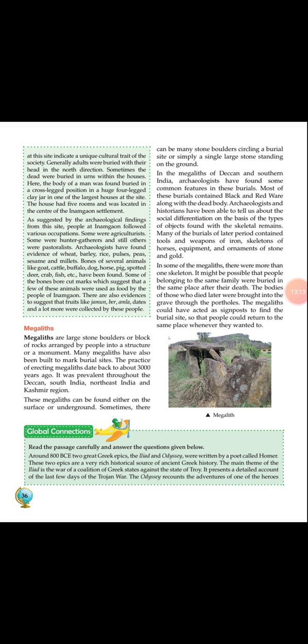Archaeologists and historians have been able to tell us about social differentiation on the basis of the type of objects found with the skeletal remains. Many burials of the later period contain tools and weapons of iron, skeletons of horses, and equipment and ornaments of stone and gold. In some of the megaliths there were more than one skeleton.